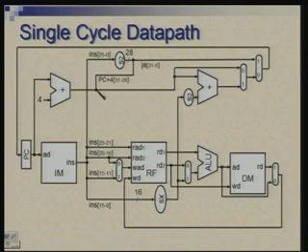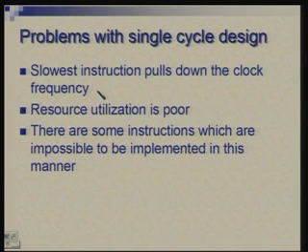We had a couple of problems with this. Particularly, there was a difficulty in achieving a fast clock rate, because the slowest instruction here pulls down the clock frequency. Secondly, resource utilization is poor. If you look at, let's say, the adder, once the information has flown through it, the adder is not doing anything useful, but it remains tied up, engaged for the entire duration.